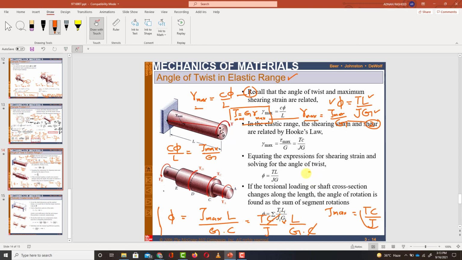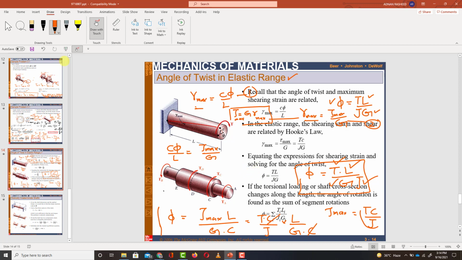So we will have the angle of twist equal to T into L over GJ. So this is the formula for finding the angle of twist. If you have torque T in the shaft, you know the length of the shaft, you know the material or modulus of rigidity, and if you have diameter, you can also calculate the polar moment of inertia. So you can easily find the angle of twist. Clear?